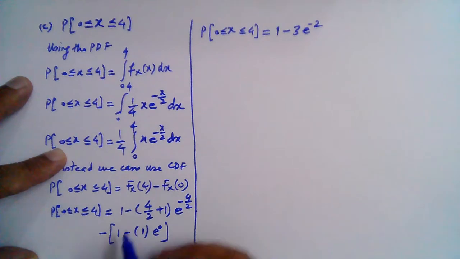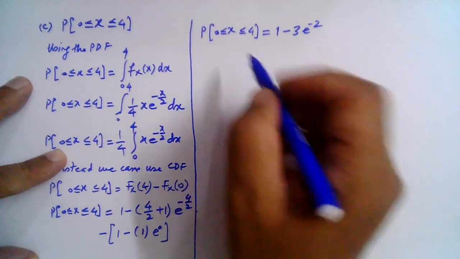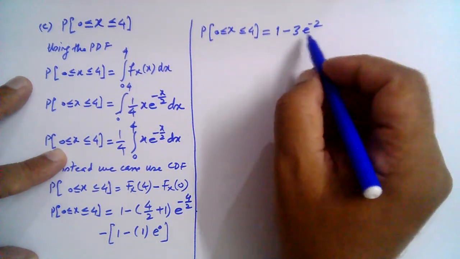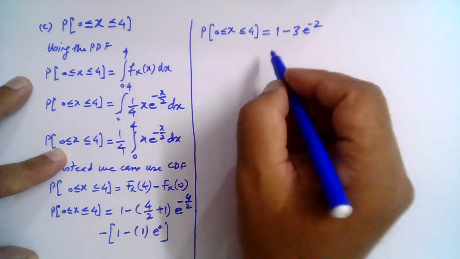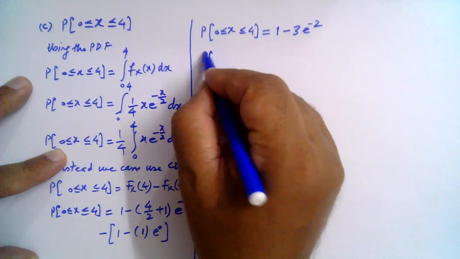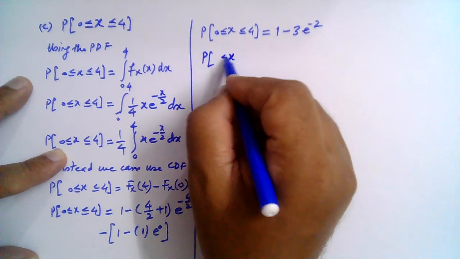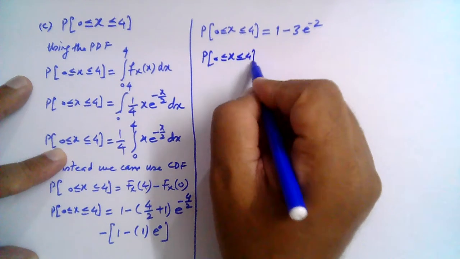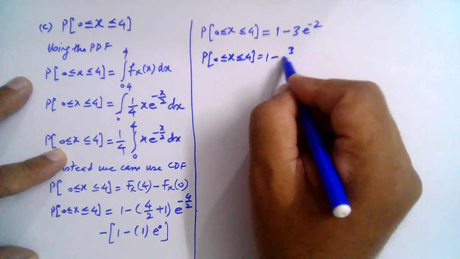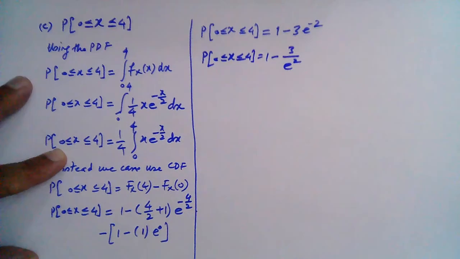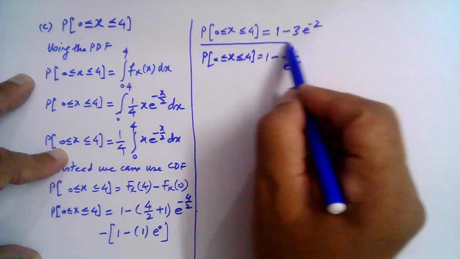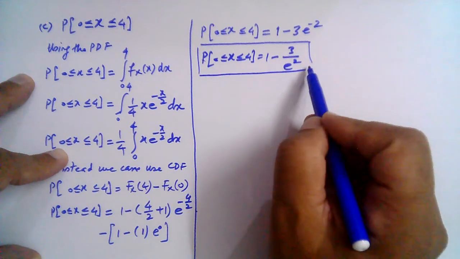So this term vanishes. Basically, the probability is given by this simple expression. We can rewrite it like this: the probability that x is greater than or equal to 0 and less than or equal to 4 is equal to 1 minus 3 e raised to the power minus 2. So this is part C.